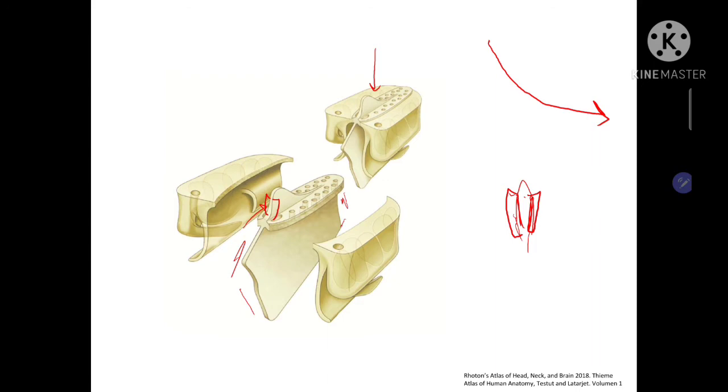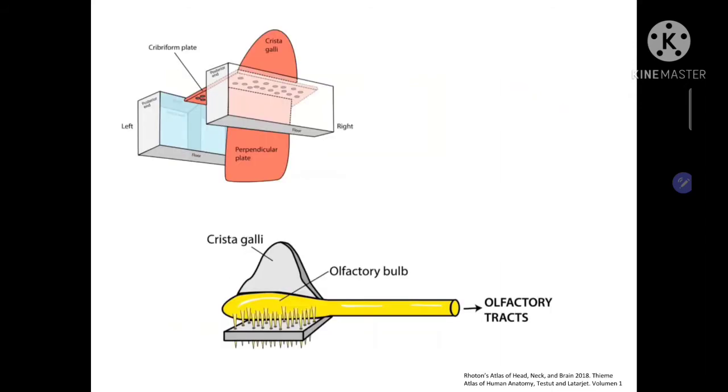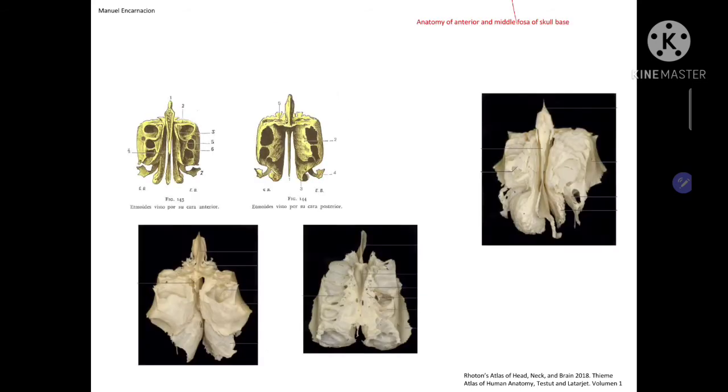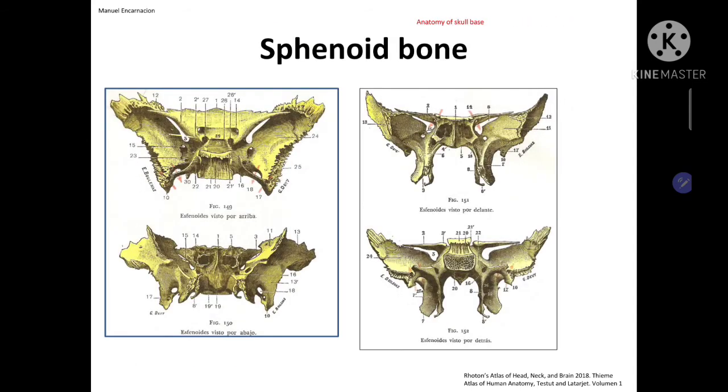The anterior border is articulated superiorly with the nasal spine of the frontal bone, this one here, and the anterior inferior border joins with the cartilage of the nasal septum. The posterior border articulates with the sphenoid crest and the body of the sphenoid bone.